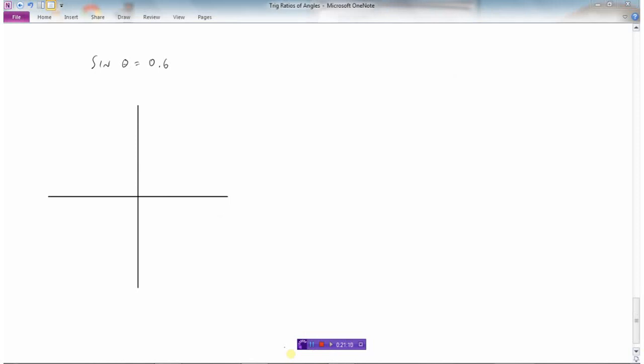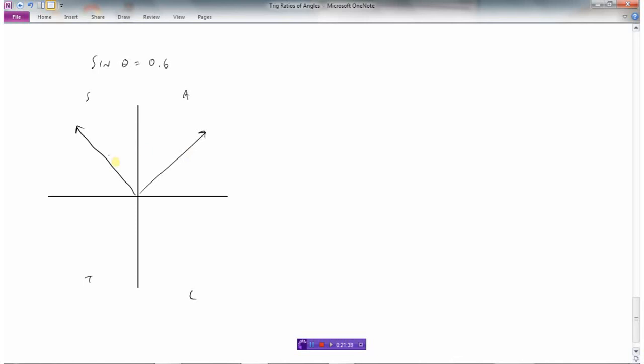What if we have to solve an equation where we don't have a ratio that we have in our triangles? So we could get as far as step 1. So sine is a positive ratio, 0.6 is positive. So I know I'm going to have one answer here in quadrant 1, and I'm going to have another answer here in quadrant 2, because this is where sine is positive, here and here.